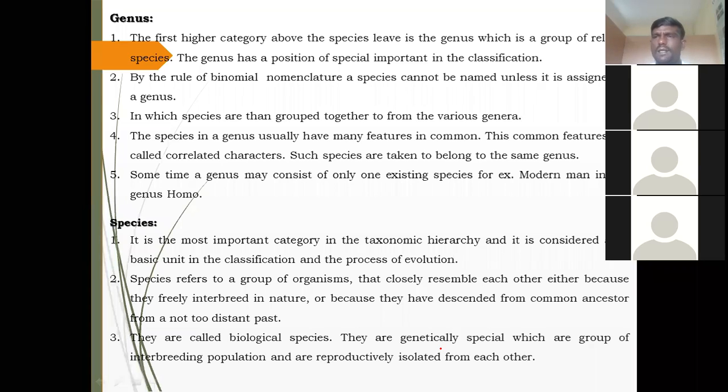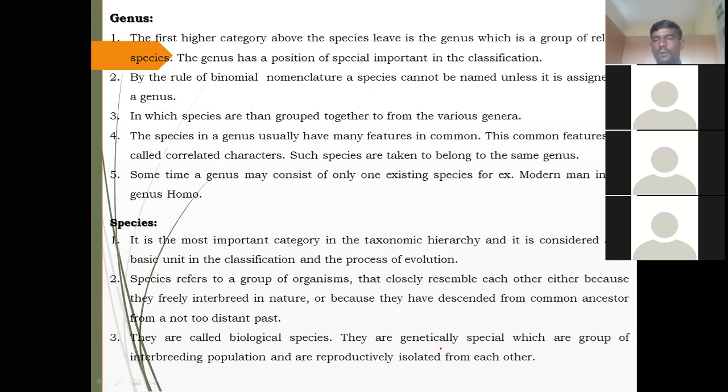Species means it is actually a particular organism, and we want to know what is different about that species. It is the most important category in the taxonomic hierarchy and it is considered a basic unit of classification and process of evolution.